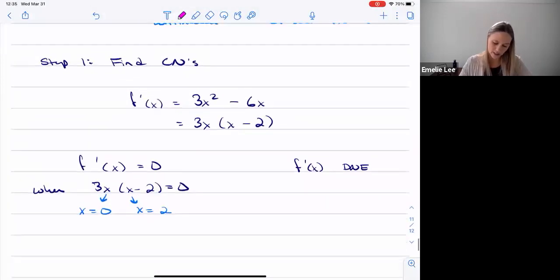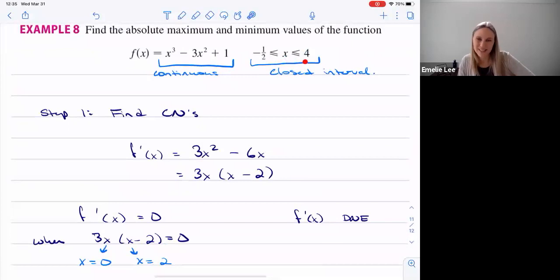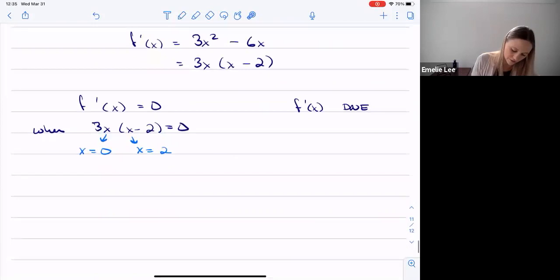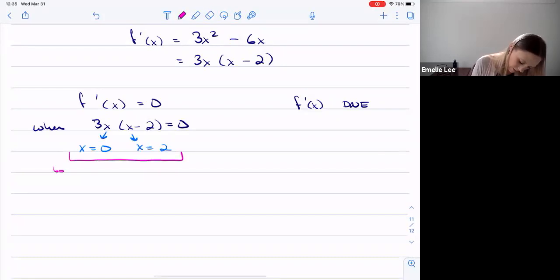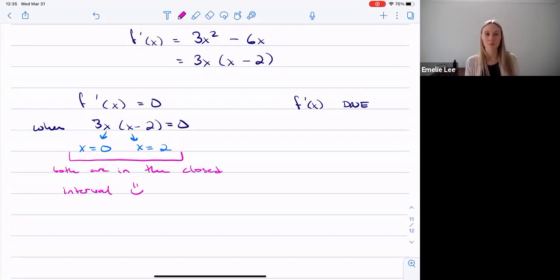What you want to check is that we're only interested in this interval. In the next example, if I have time, there will be critical numbers that are not in the interval, and then you ditch those. But from -1/2 to 4, both are in the closed interval, so we're going to consider both.